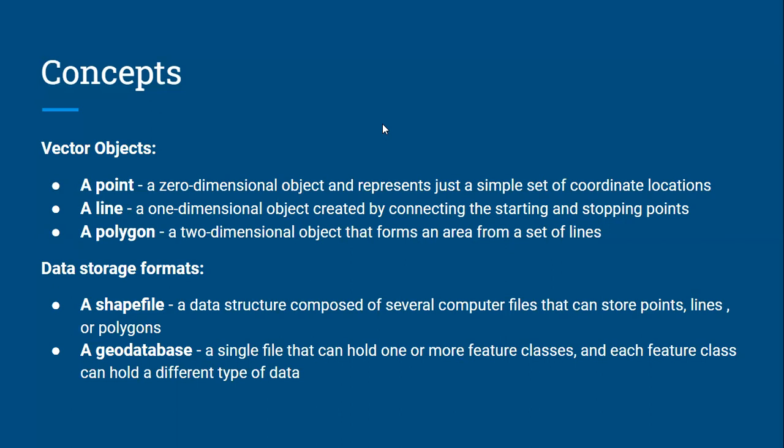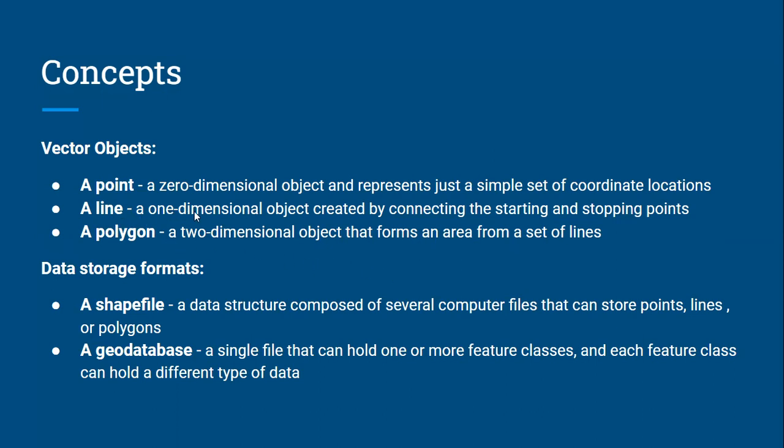A line is a 1-dimension object created by connecting a starting point and an ending point. A polygon is a 2-dimension object that forms an area from a set of lines, for example, a water body or a building footprint.